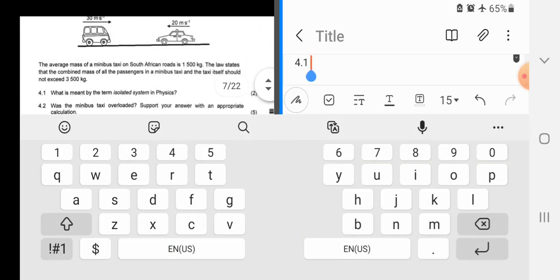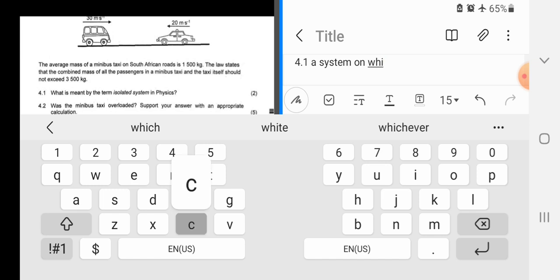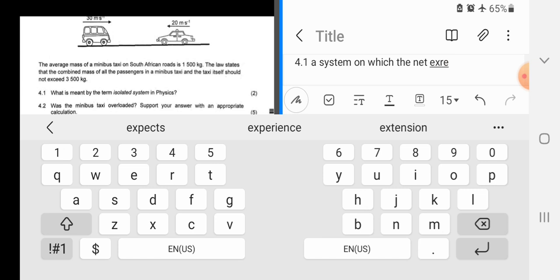When a system is isolated, they mean a system on which the net external force is 0.